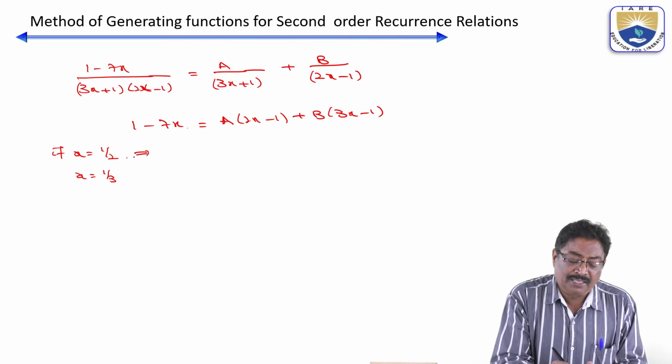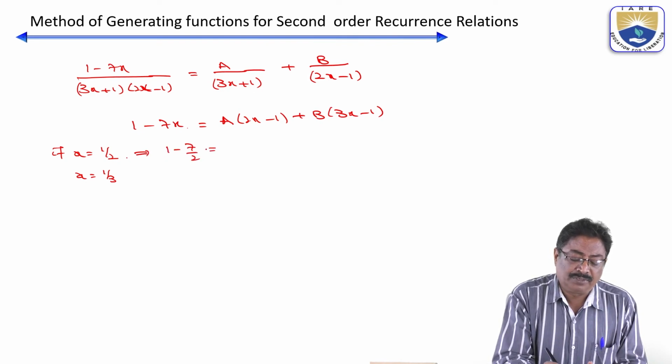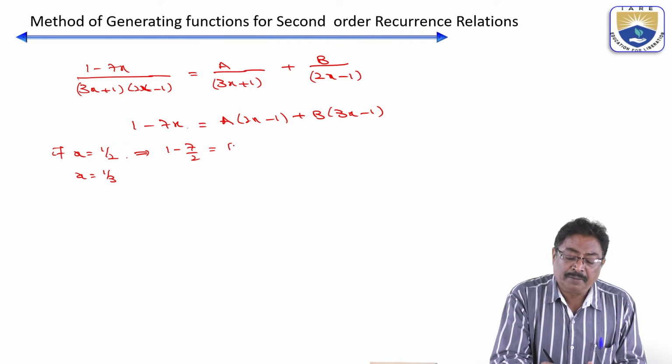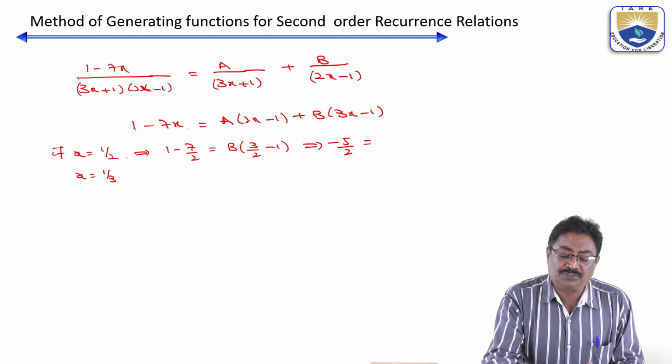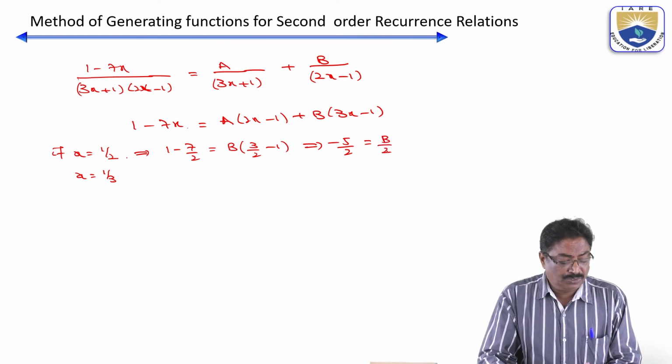If x = 1/2, then 1 − 7/2 equals, this will be 0, b into (3/2 − 1). So it is −5/2, which equals b/2.